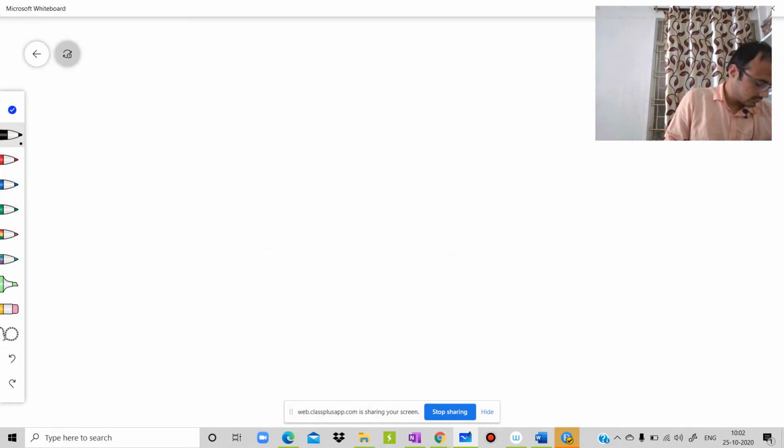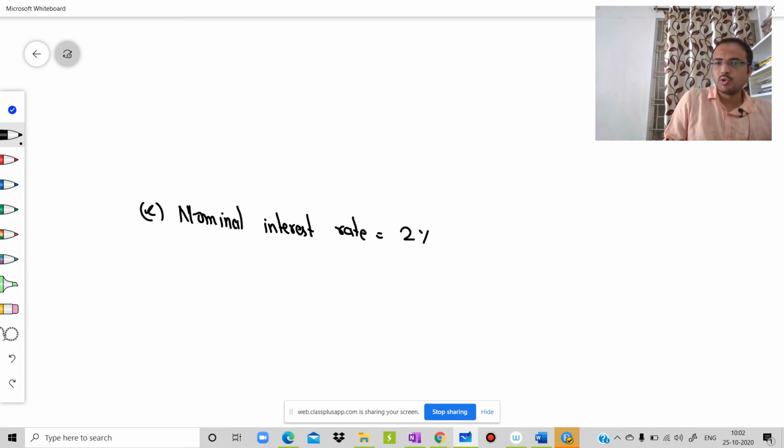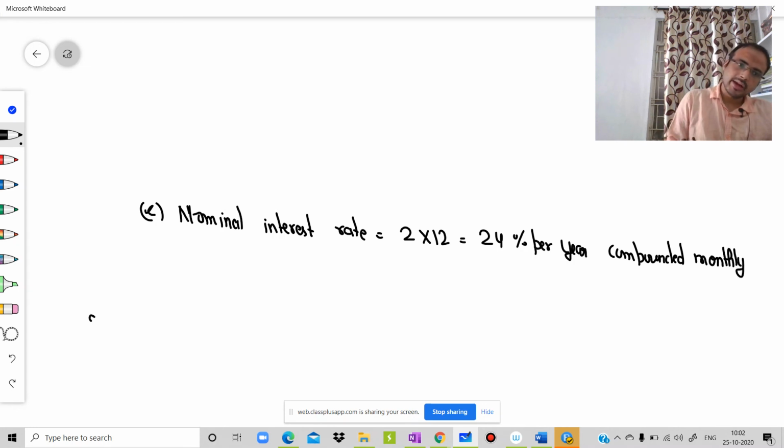Write down the answer of the third one, that is nominal interest rate: 2 into 12, 24% per year, compounded monthly.